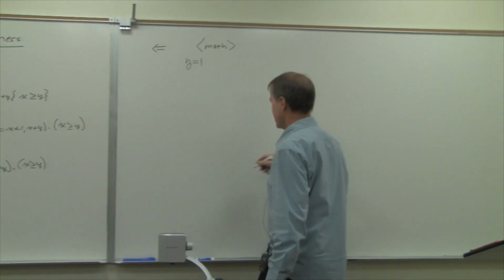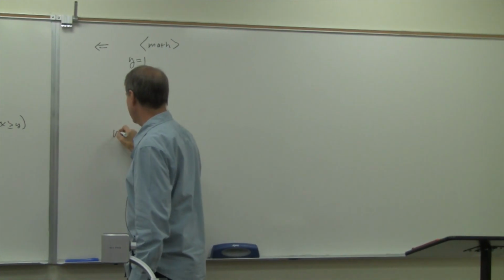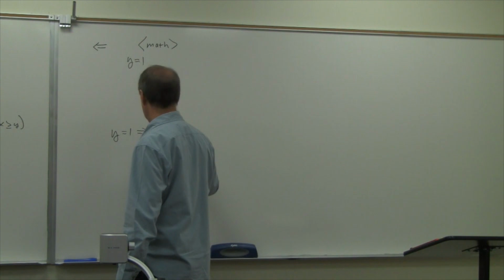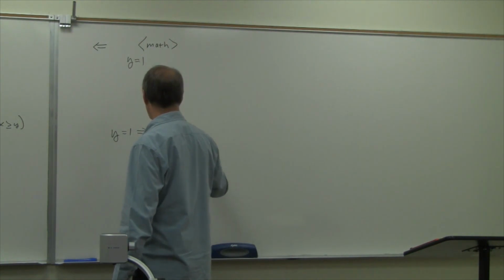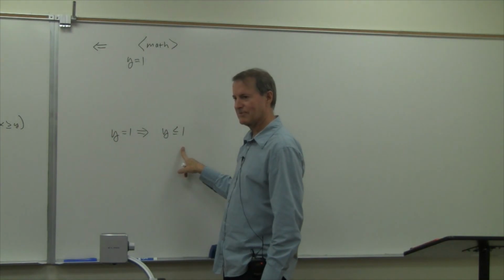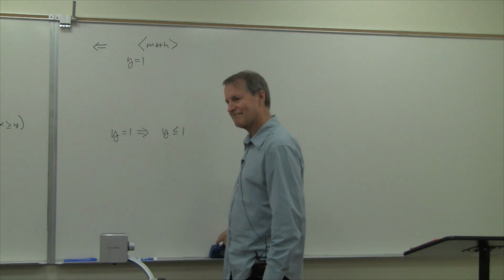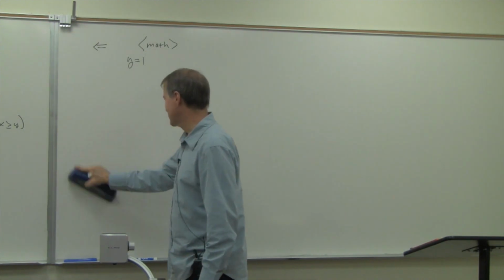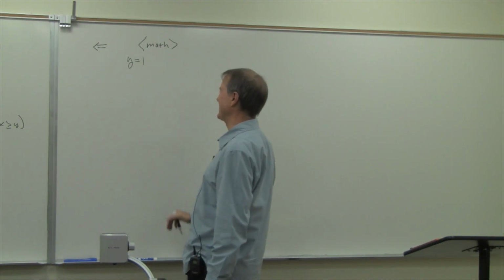In other words, the only way for it to be no is if y equals 1 can be true and y is greater than 1. If this is true, then is this necessarily true? Yes, that's it right there. You're right. Yeah, I just don't like it. Is that by math?